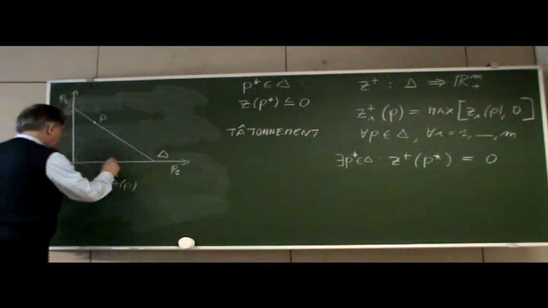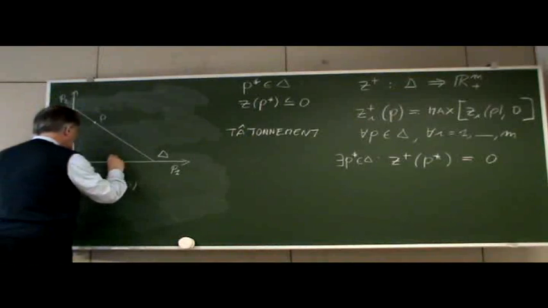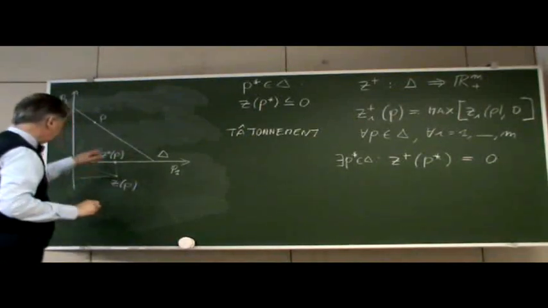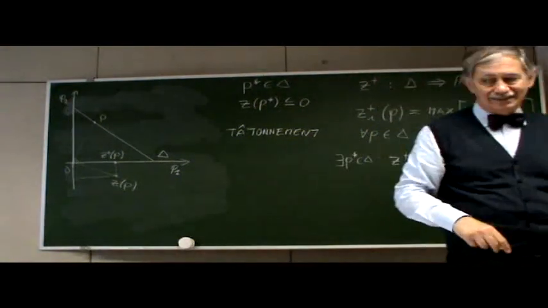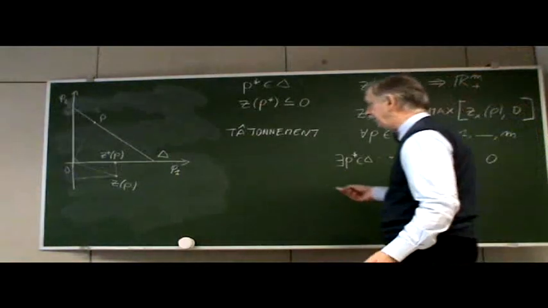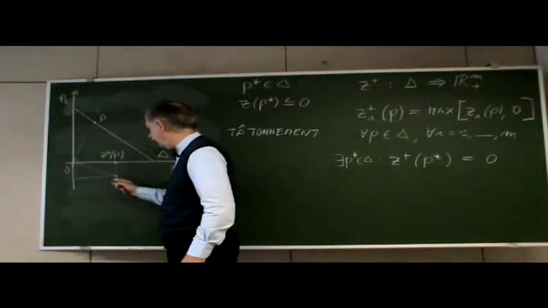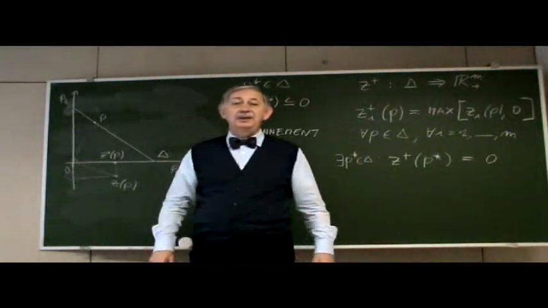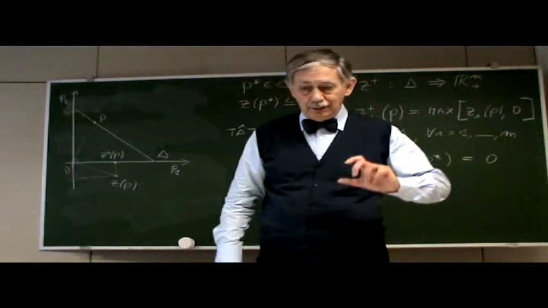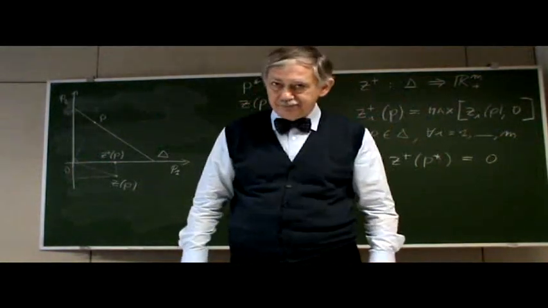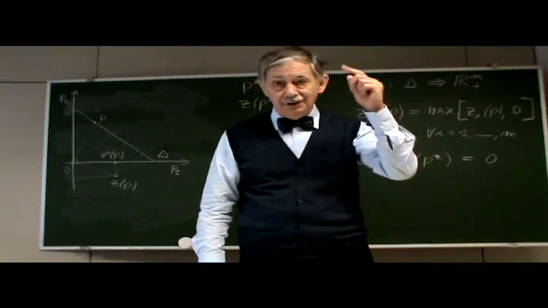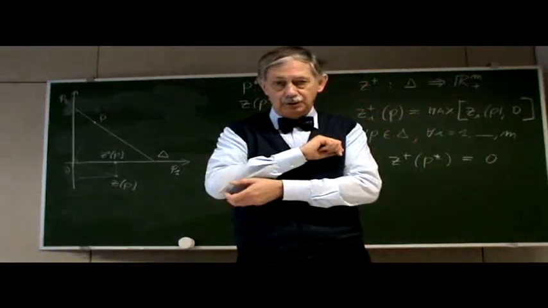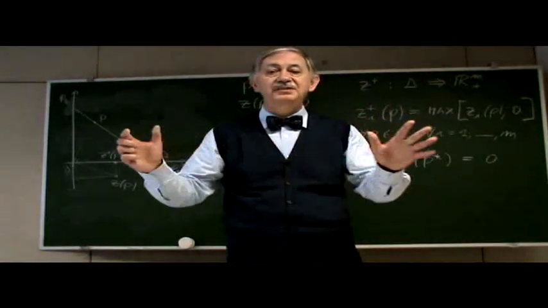So Z plus is this vector. What is the difference between Z of P and Z plus of P? See, the second coordinate of Z of P is nullified when you pass to Z plus of P, because it is a negative number, while the first component, which is positive, remains unchanged.